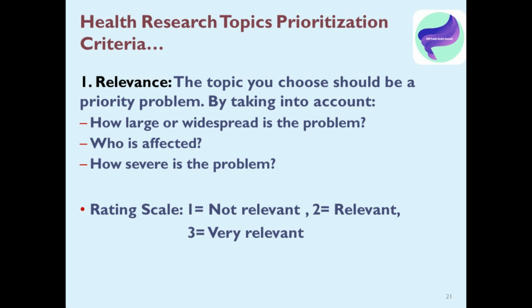By relevance, we mean the topic you choose should be a priority problem of the community or our setting, taking into account how large or widespread the problem is, who is affected, how severe the problem is, and so on. By considering this criterion, a score of 1 can be given if not relevant, 2 if relevant, and 3 if very relevant.